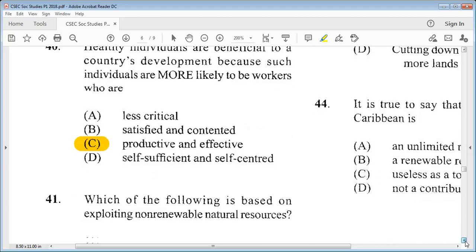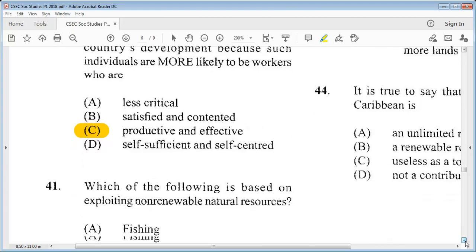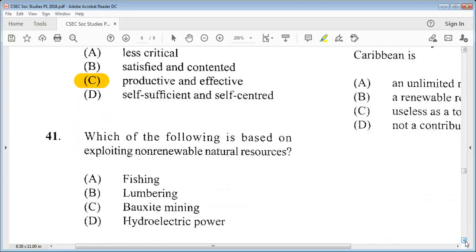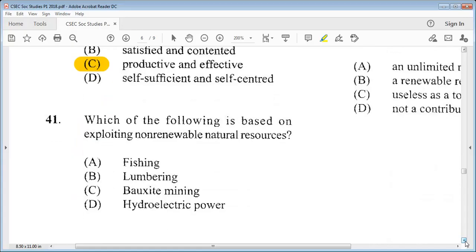Let's go on to question 41. It says, which of the following is based on exploiting non-renewable natural resources? A, fishing, B, lumbering, C, bauxite mining, D, hydroelectric power. Well, let's look at the word exploiting.